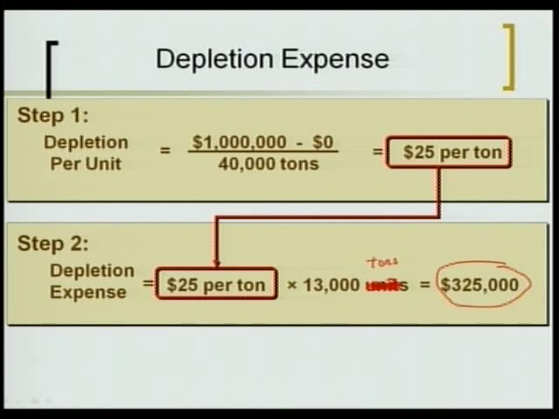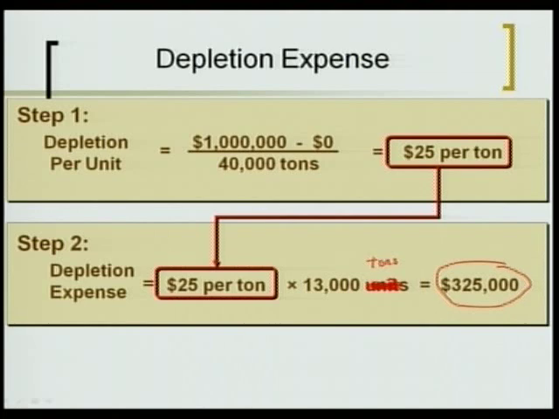So we are going to debit depletion expense for $325,000, and we're going to credit accumulated depletion, also a contra asset account, for $325,000. Are you with me?